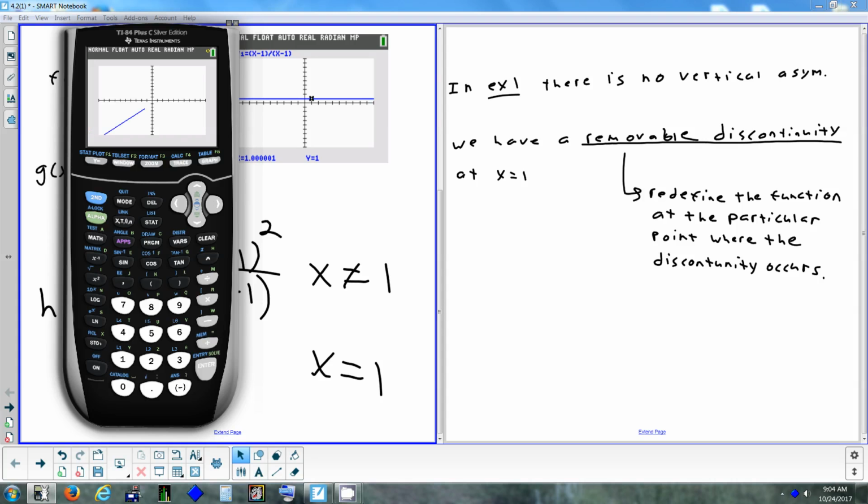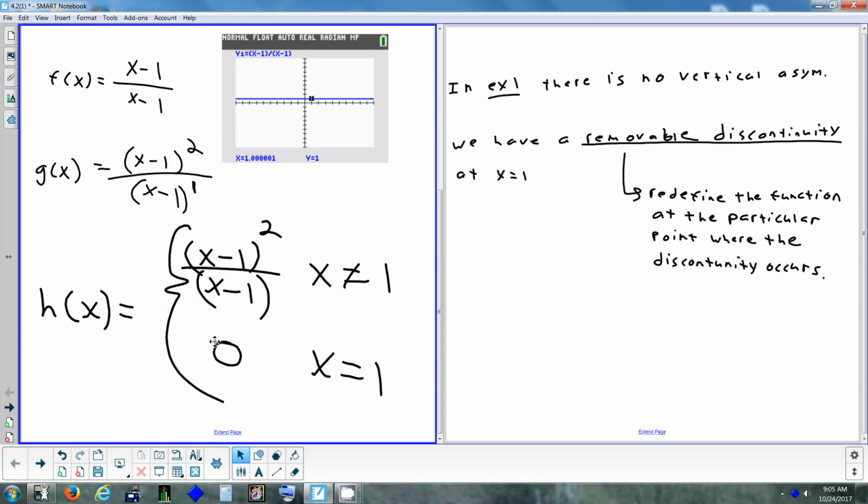So for every point that's not 1, you're going to use that formula. If it is 1, I would want the y value to be 0. Because even though this formula doesn't have a y value when x is 1, if I made the y value 0, then it would make my line continuous.